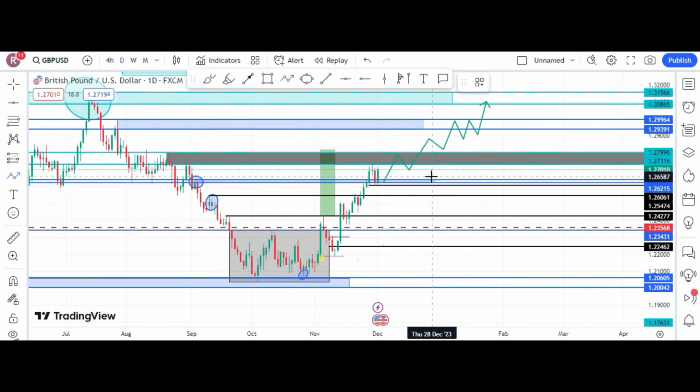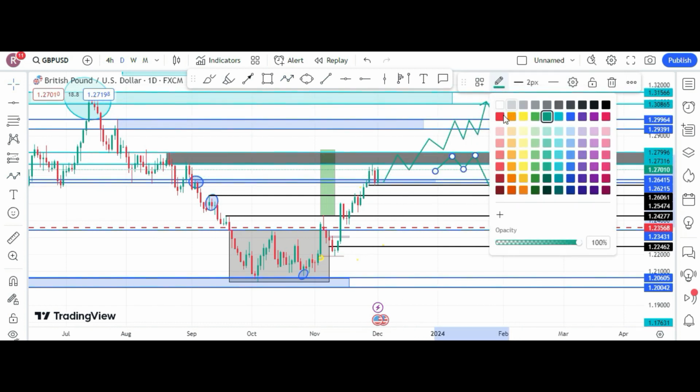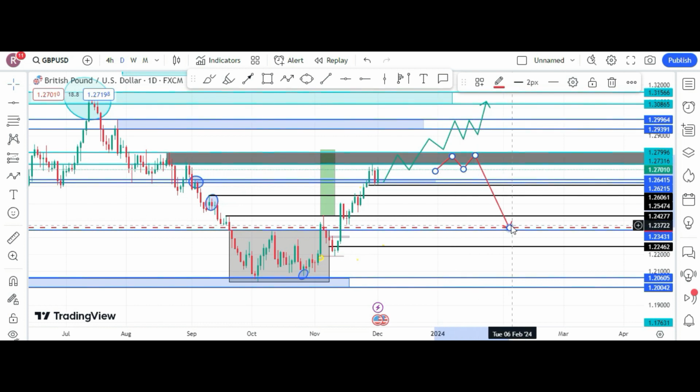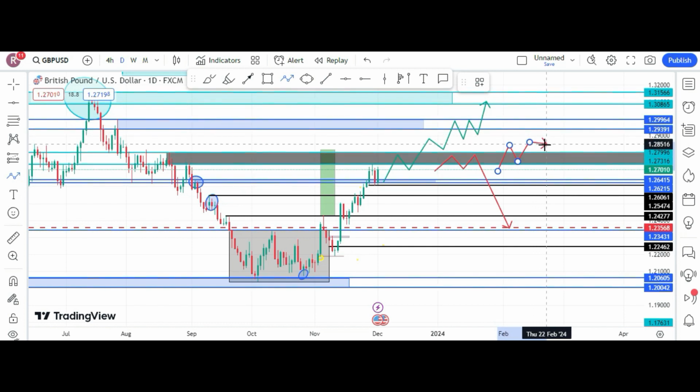One is it will go from here to here, fail this, and come back here. This is one option we have in mind, and based on price action we will decide on that. The second option is that the price will break out of this region and retest here, make a little shadow here, then come back to this zone.